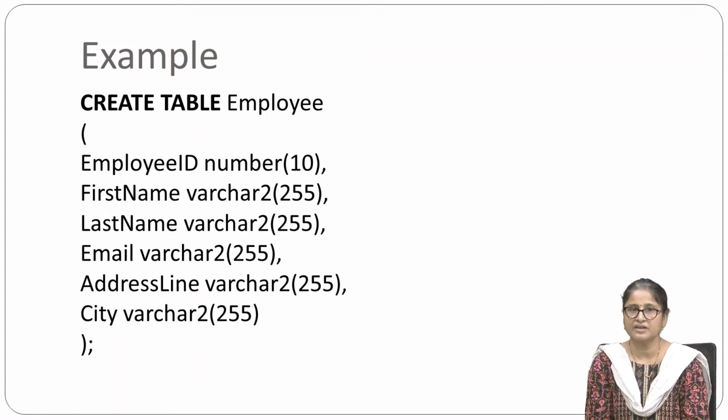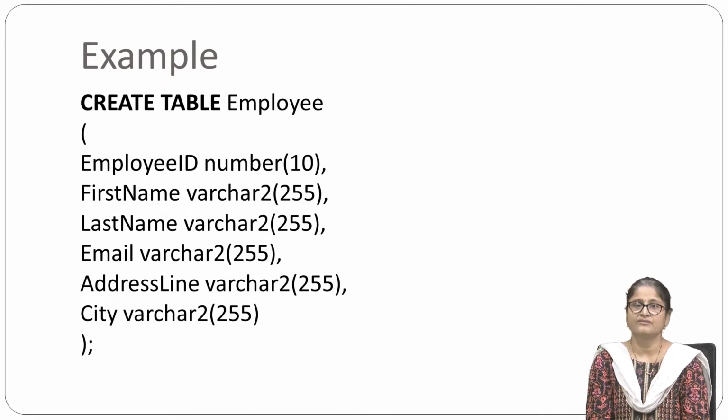The first field is employee ID and its type is NUMBER. If you do not specify the scale, it will take a whole number, because employee ID does not have a precision or scale value. Then first name is VARCHAR2 255 characters, last name VARCHAR2 255 characters, email also VARCHAR2 with 255 characters.